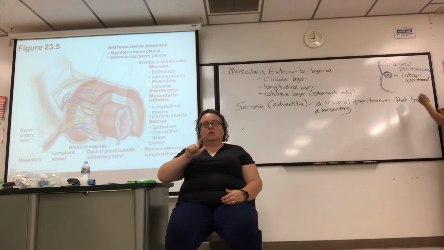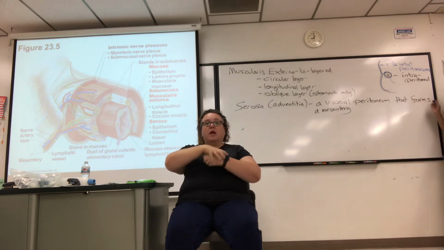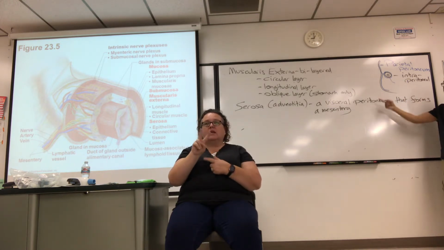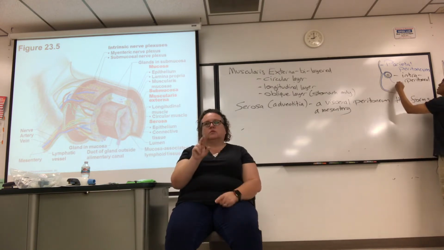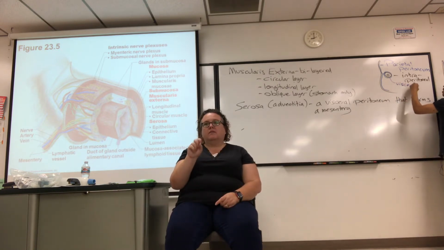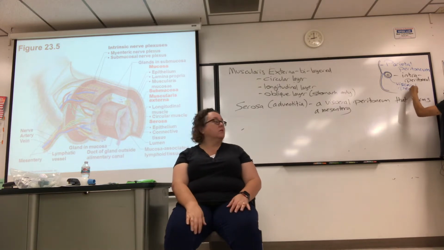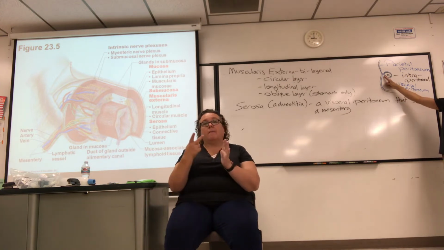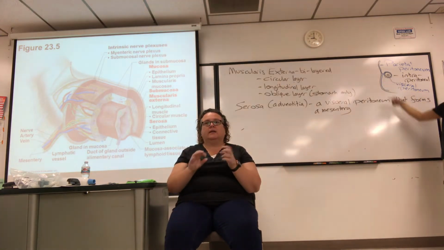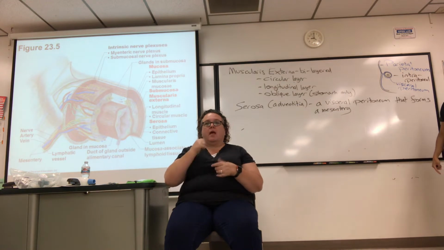So the part that's around the organ is the visceral peritoneum, also known as serosa adventitia. And the double pinching of serosa that goes to the back body wall is called mesentery.